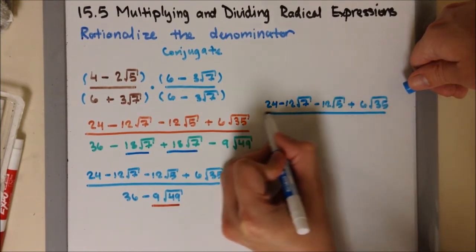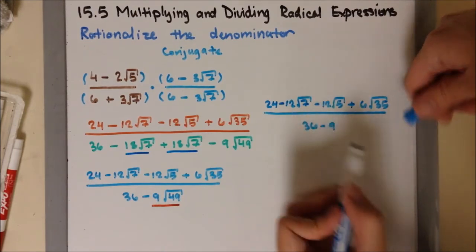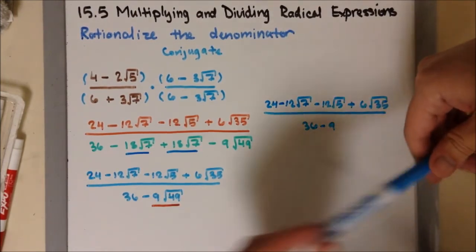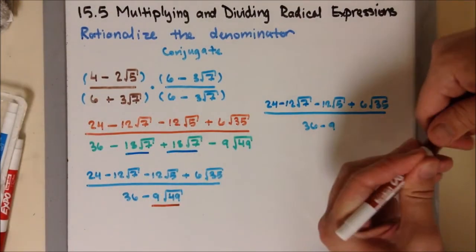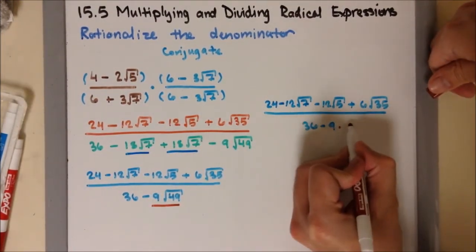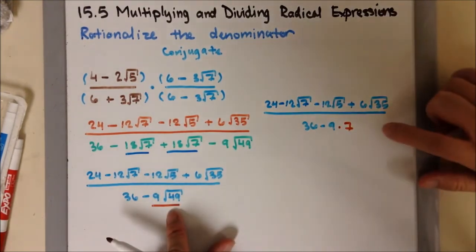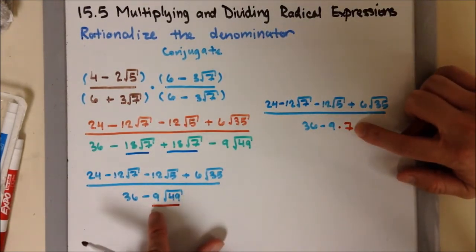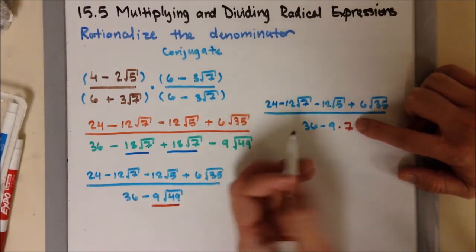I still have the 36 in the front minus 9, but don't forget, since square root of 49 is a perfect square number, then I'm going to multiply the 9 by 7. So the square root of 49 became 7. And don't forget, since we had the 9 in the front, that means that whatever comes out from the radical, in this case, square root of 49 became 7, the 7 will multiply with the negative 9.